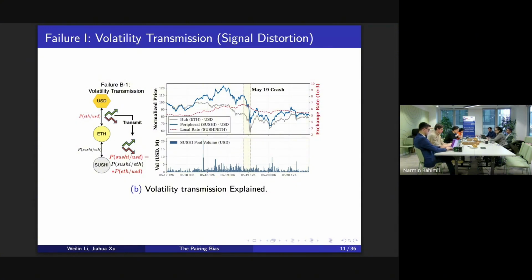If you also look at the trading volume, there's not much trading. You can see some very high trading on other days, but not today. Still, what we as retail users or traders observe is that Sushi drops by 40%, and that is completely caused by this price transmission. In the previous example, that's a free ride up, and here it's a free ride down, driven by Ethereum. So the price just moved together.